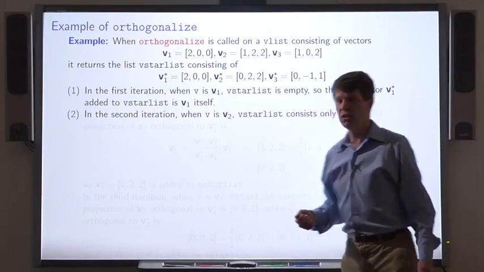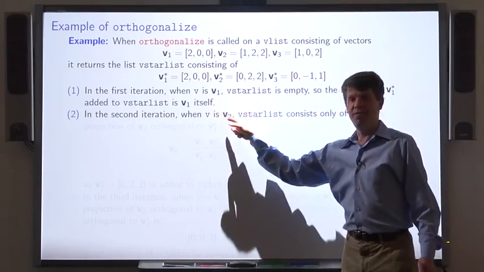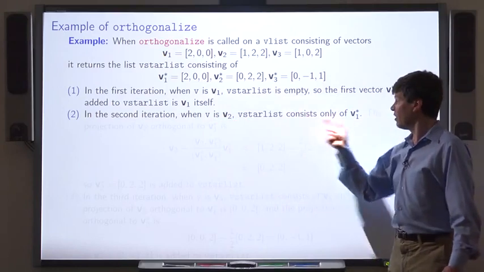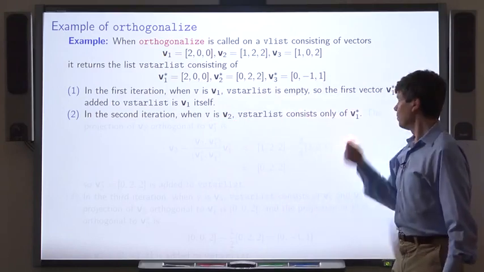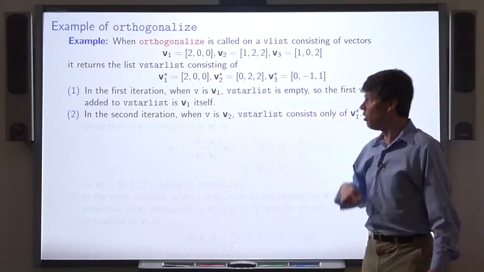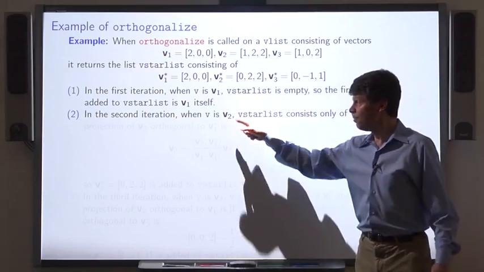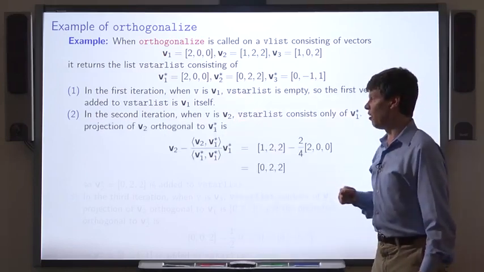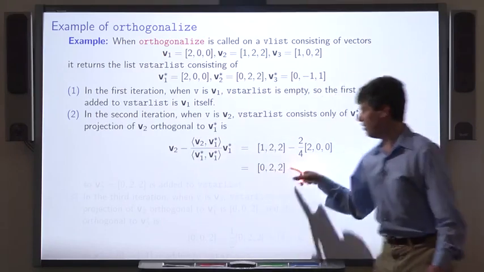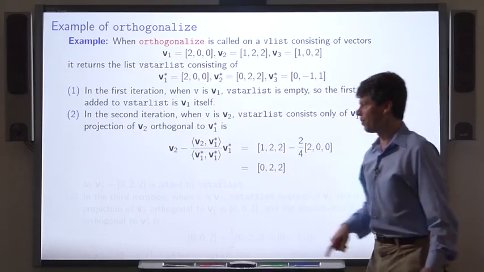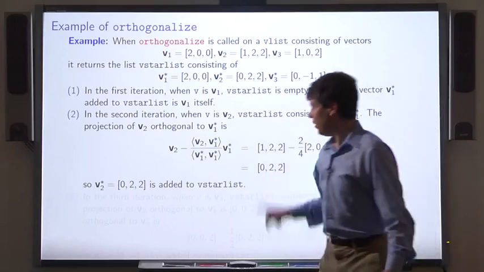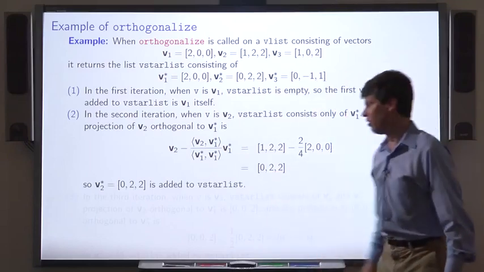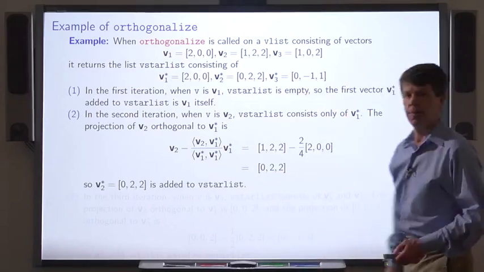The next iteration, we're working on v2. v*-list consists only of v1*. So the procedure projects v2 orthogonal to the list consisting only of v1*. And this is the vector it comes up with. So this is the vector that's added to v*-list in the second iteration.